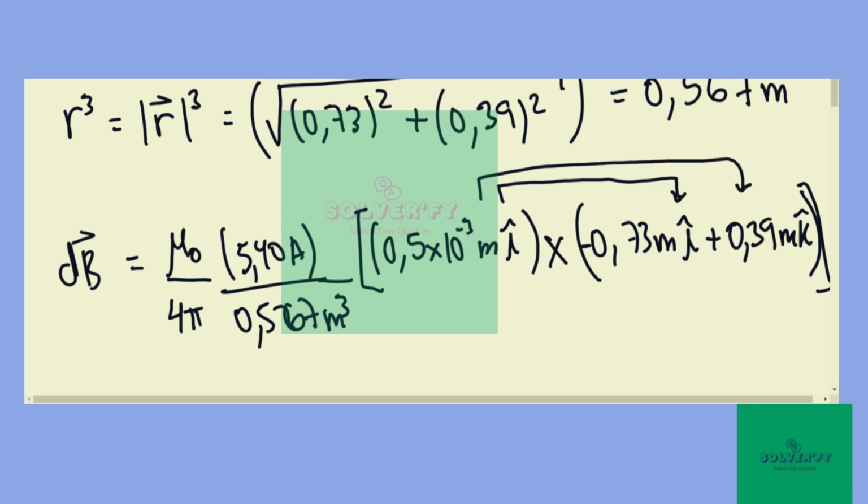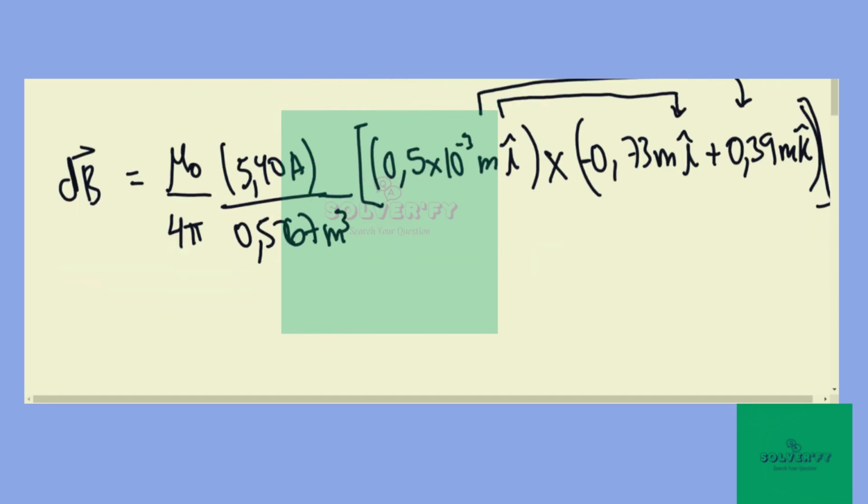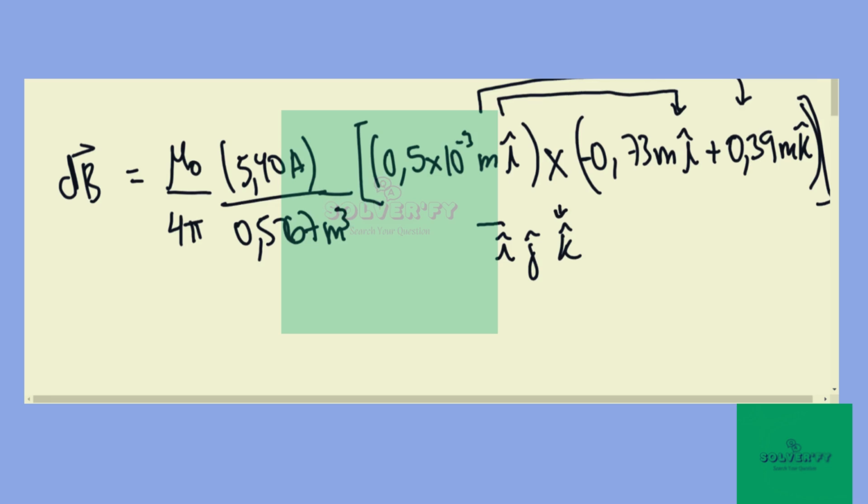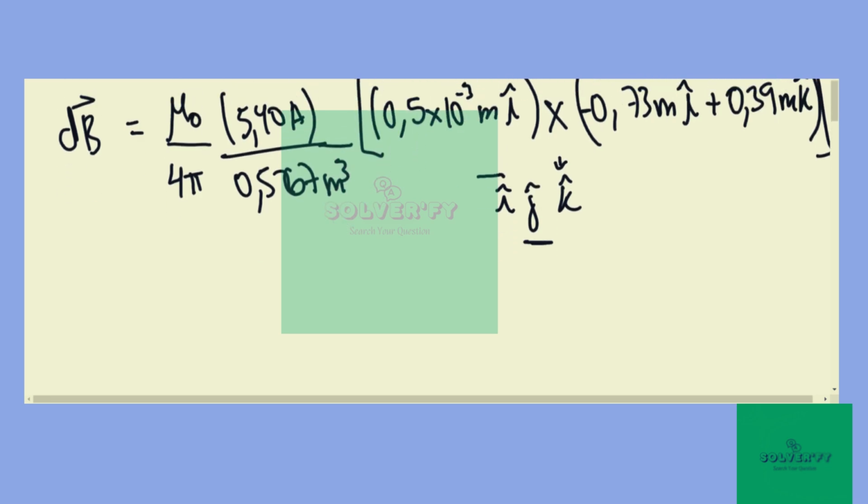But from the other one, we will be doing the cross product between I and K. And that cross product, if we know the rules for that, will give us minus j, because if we do k cross product with I, we'll obtain plus j. So in that sense, we will obtain minus j.